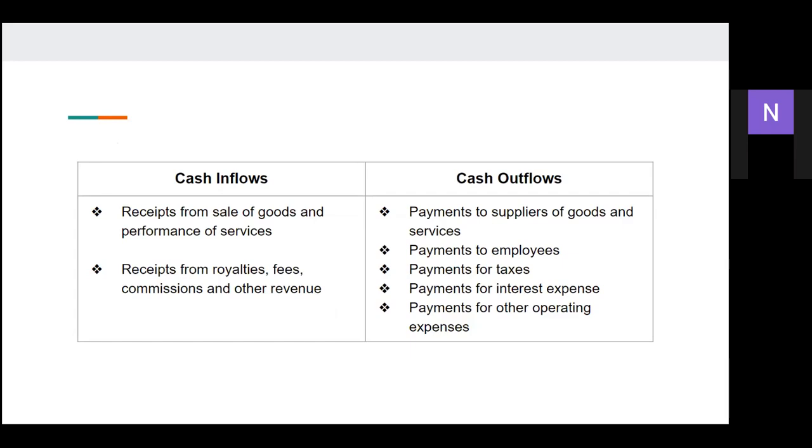And sa cash outflows naman is yung payments to suppliers of goods and services, payments to employees, payments for taxes, payment for interest expense, payments for other operating expenses. So, yun na yung last nung sa operating activities.